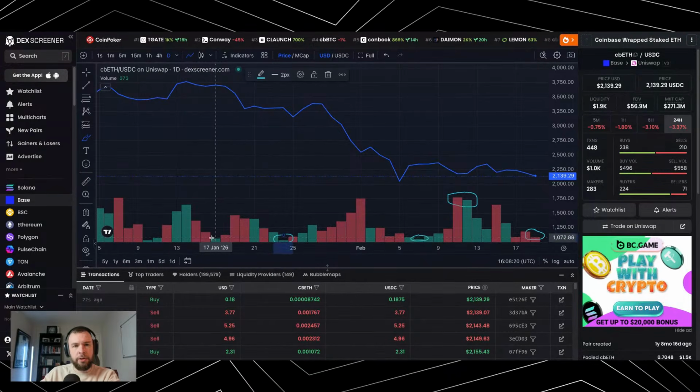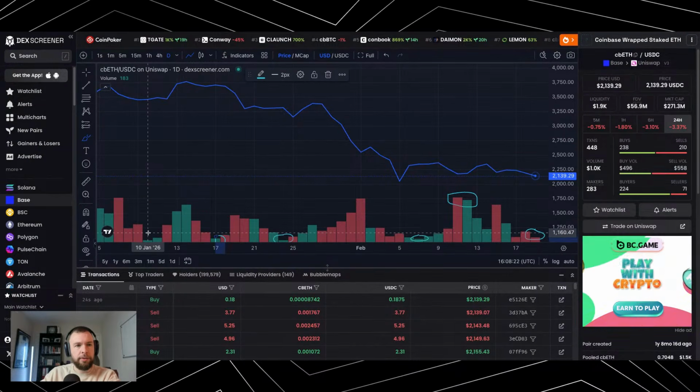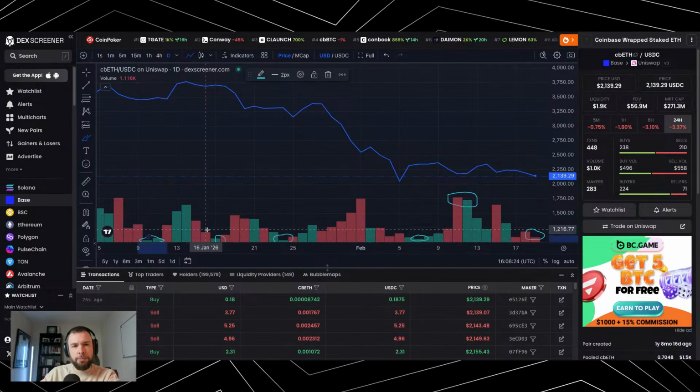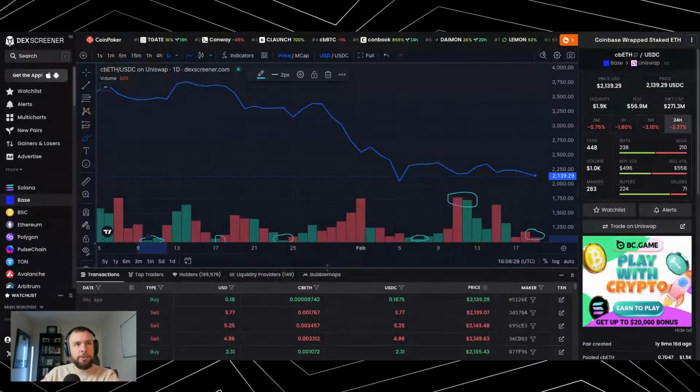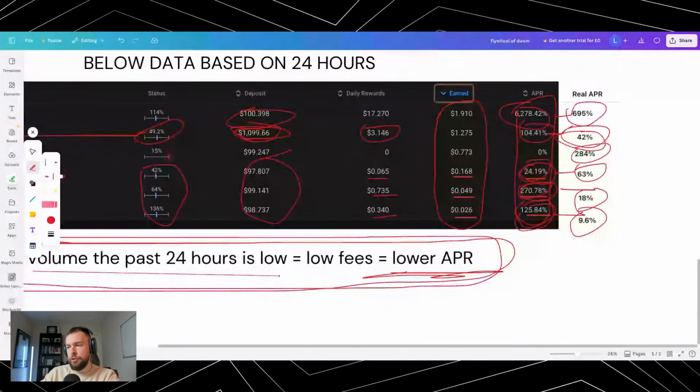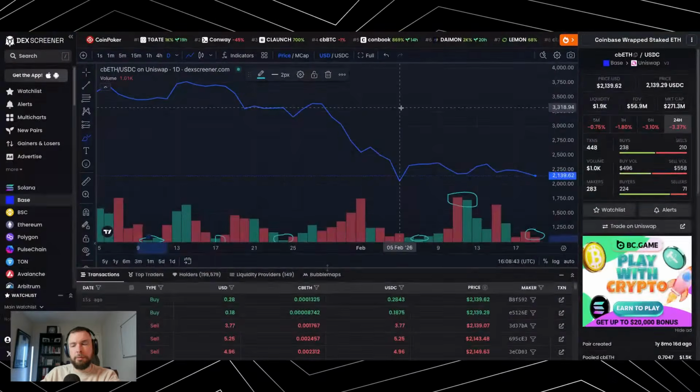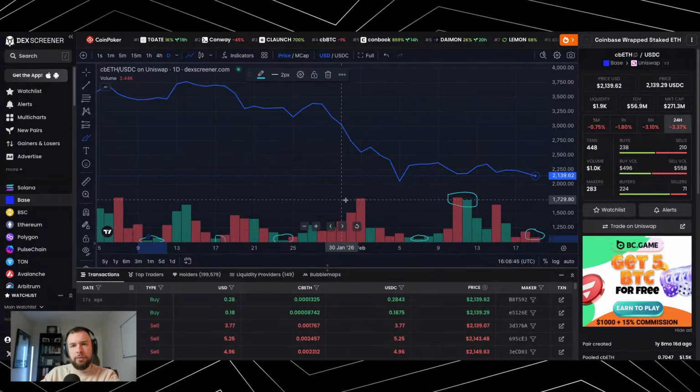So you see all these low days here. This is where the fees would have been super low. And when looking at doing a comparison like this, you would have seen that the real APR is a lot lower on these days, but a lot higher on these days.